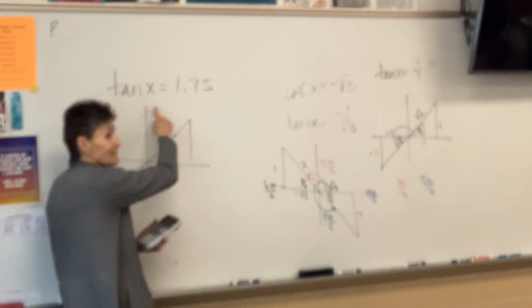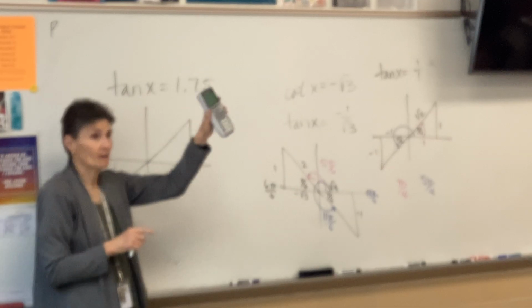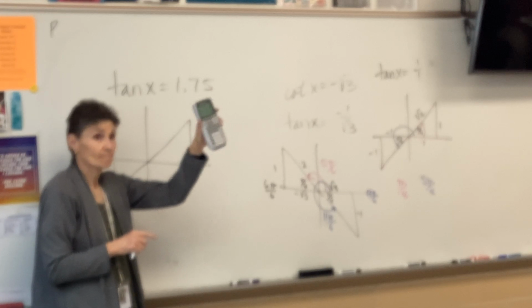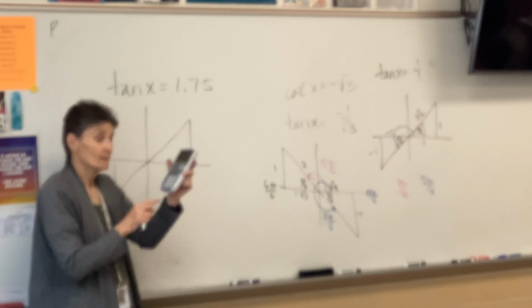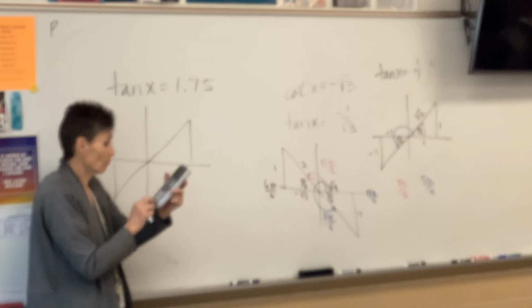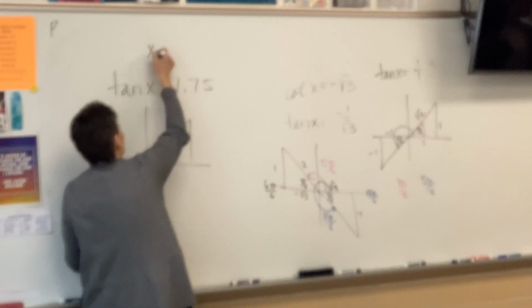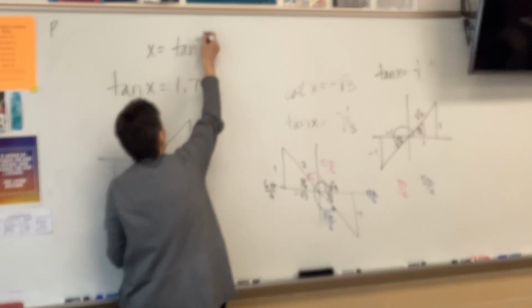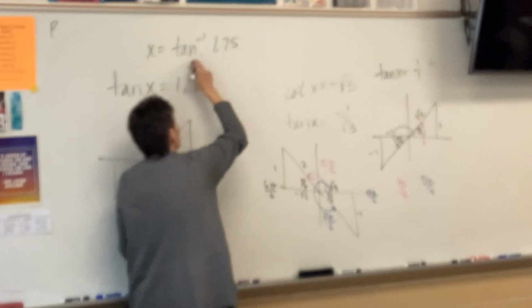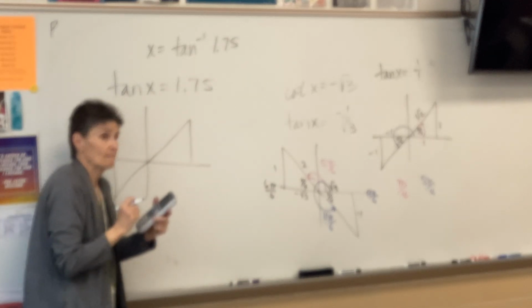How will I find the angle? What will I press on my calculator? Second tangent, 1.75. When you are finding an angle, remember you use these buttons. These buttons find angles.